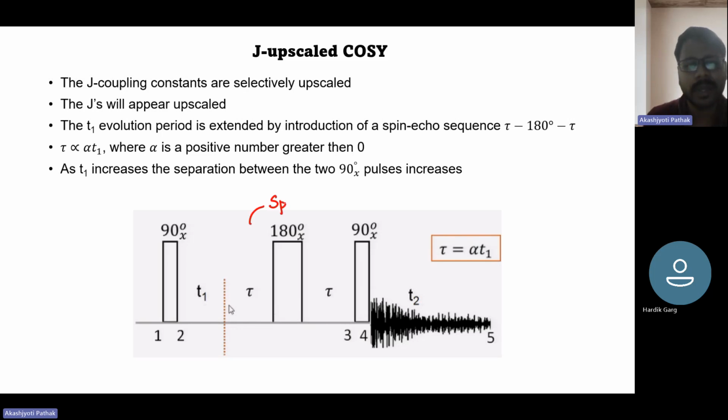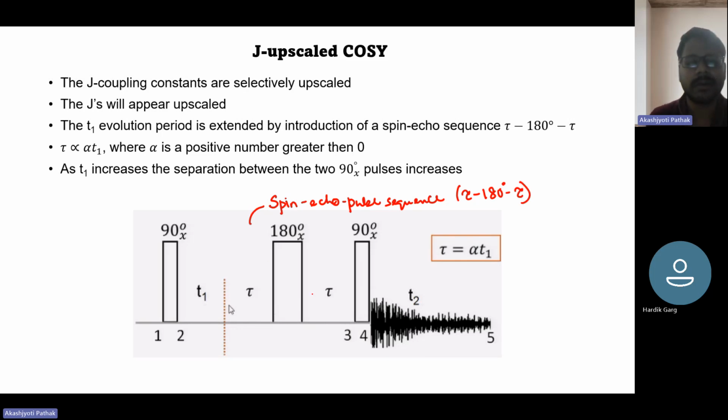Okay, so you remember the spin echo pulse sequence? It is tau 180 degree tau, right?